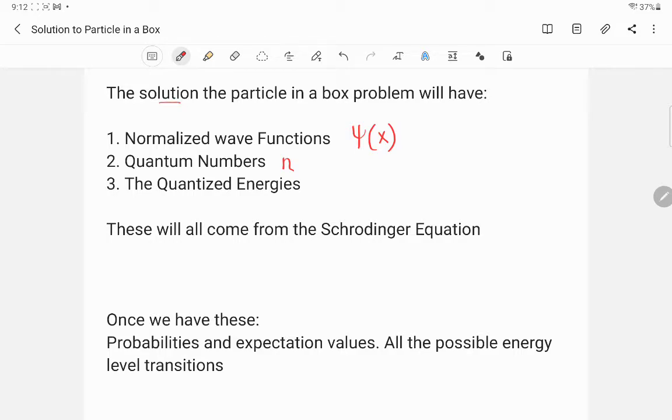So when we solve Schrodinger's equation, we don't necessarily get normalized wave functions, but we're going to do that last. When we solve Schrodinger's equation, we're going to get quantum numbers, we're going to get quantized energies, and we're going to get the shapes of all of the wave functions.